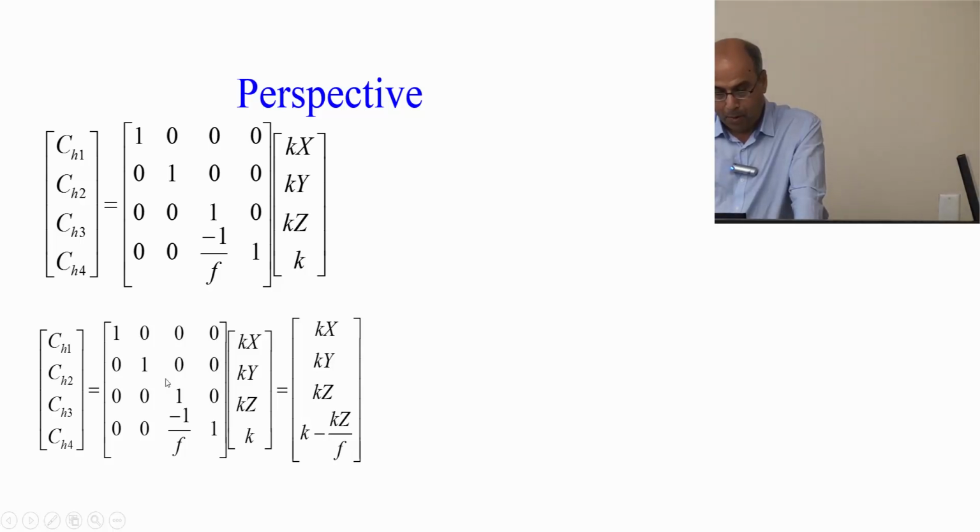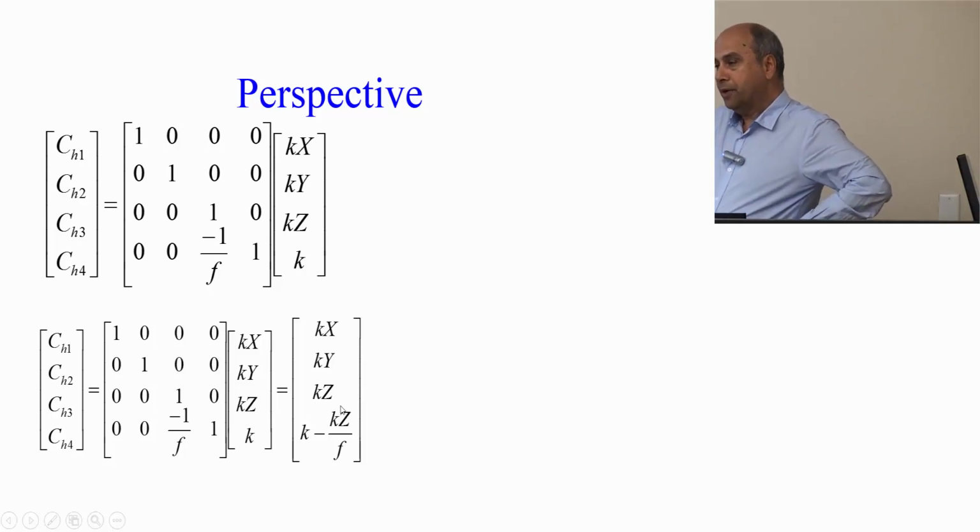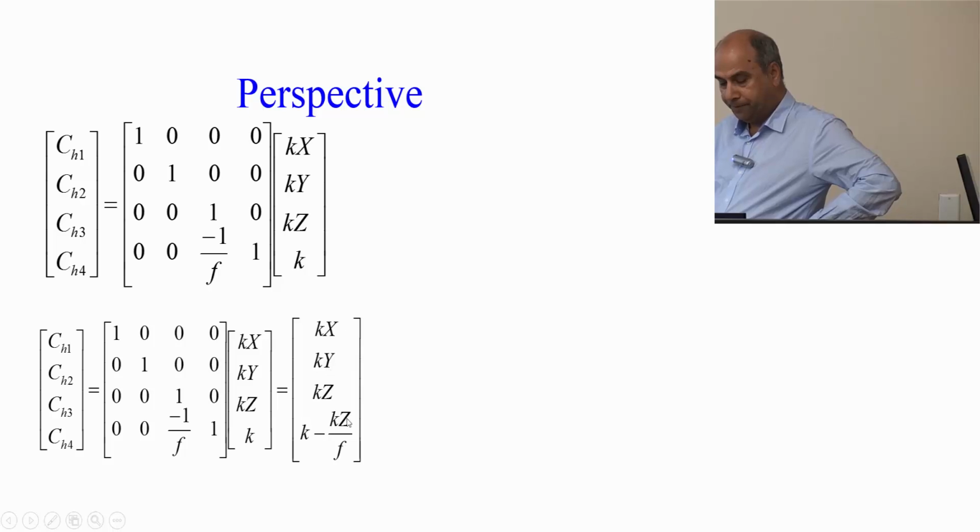I want to find the image coordinates in a homogeneous system, which is this one, and this is what I get. Now this is a 4-dimensional vector. I need to convert to 2 dimensions because image coordinates are only 2, x and y. So what I will do, I'll take the fourth one, divide the first one by it, that's the x coordinate, and divide the second one by the fourth one, that will be the y coordinate.